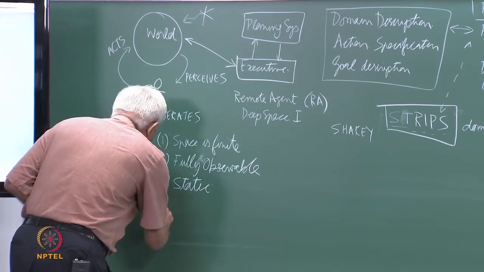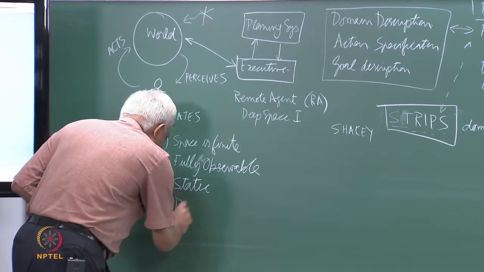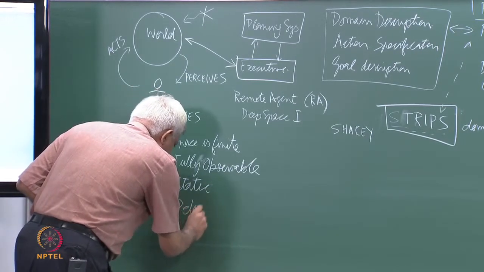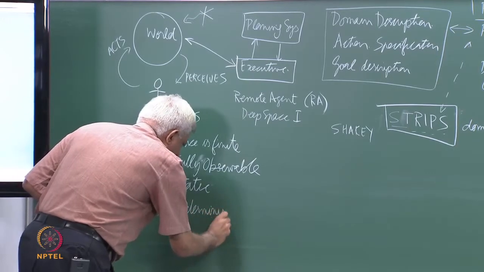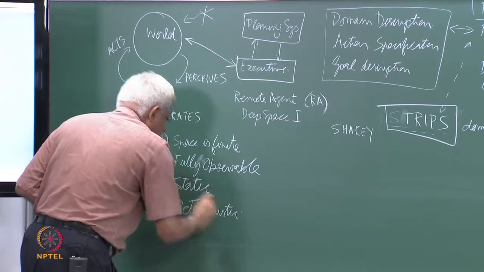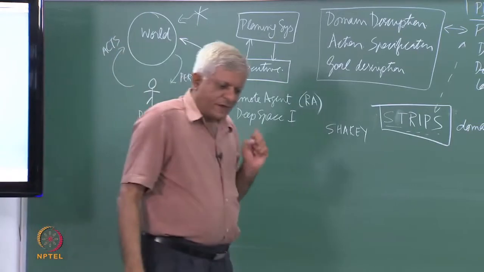Then the actions are deterministic. All these are simplifying assumptions that we are making, and what do we mean by this?